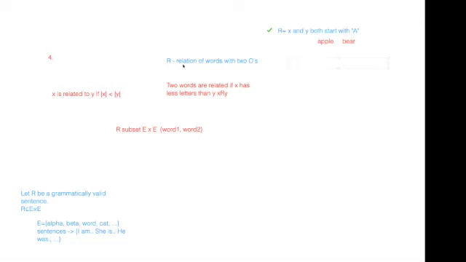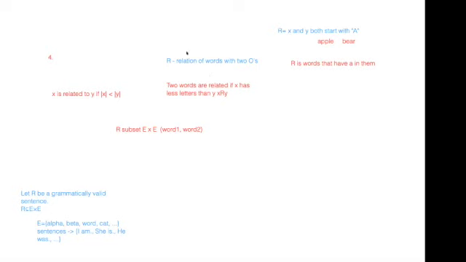But if I just say this, this is a subset over there, as opposed to a relation, because it would just consist of any word that has an A in it, but it's not saying how can I decide whether this thing is related to that thing? So you just want to be sure that when you define this, you're defining how two things are going to be connected to each other.